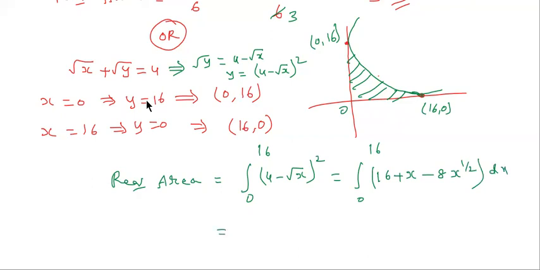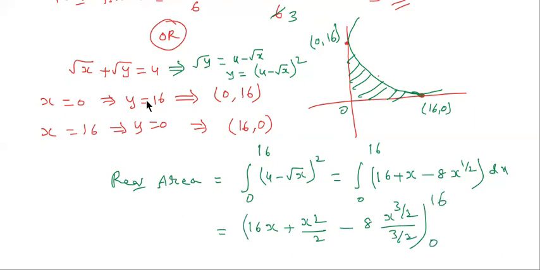Now apply the integration: 16x plus x square by 2 minus 8 into x power 3 by 2 divided by 3 by 2. So substitute the limits. So finally you will get the answer 128 by 3 only. Okay. So up to here we have completed level 1 probe.